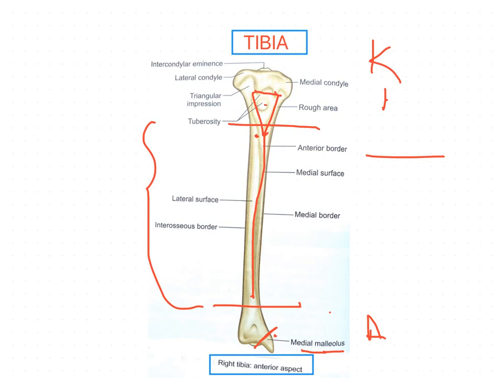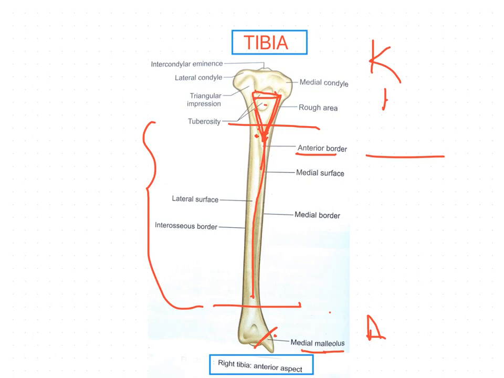Here you can find the tibial tuberosity in its upper part. So the anterior aspect has two important features: the prominent anterior border which runs down from the prominent tibial tuberosity. With this we can find that this is the anterior surface.